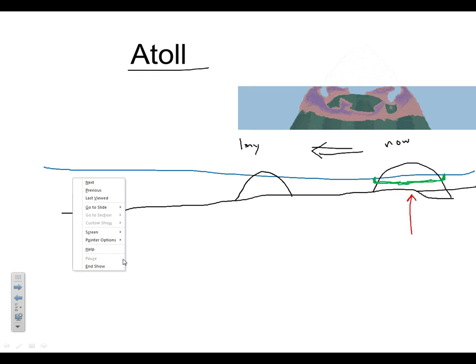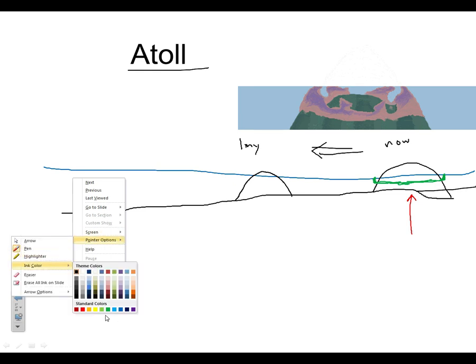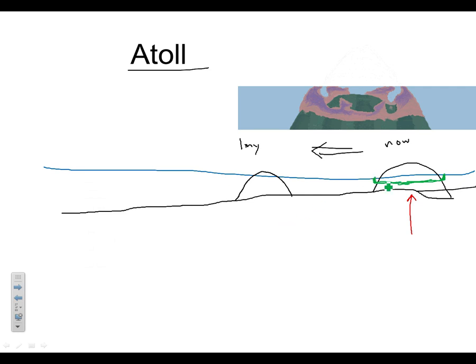But the thing is, my coral around it has to grow taller. So the coral was on this part of the volcano, so that part of the volcano is now down here. It's further underneath the ocean. So the coral has to grow taller to get to the sunlight so it can survive.